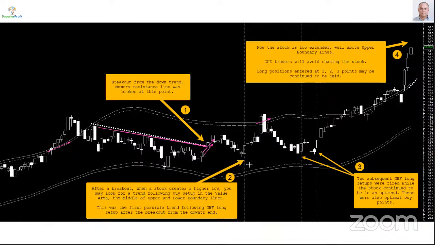On the other hand, go with flow long trade setups almost always give low risk entry points when they happen near the value area, which happened right on this candle. It broke out, created a higher low, and then we had a bullish shape candle. For this stock, it was actually a go with flow long trade setup.